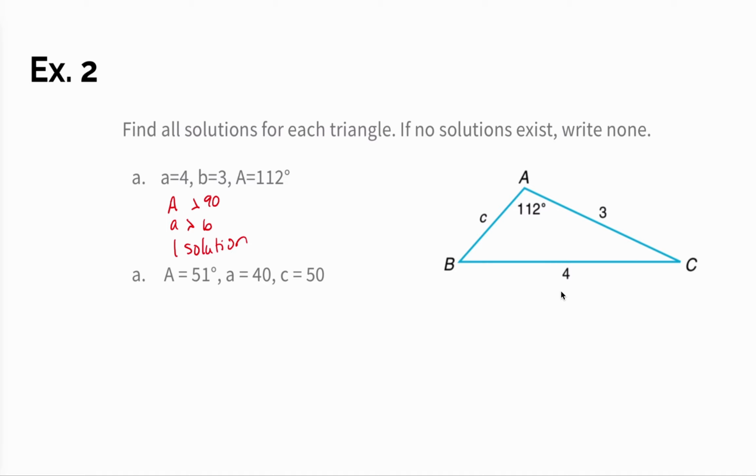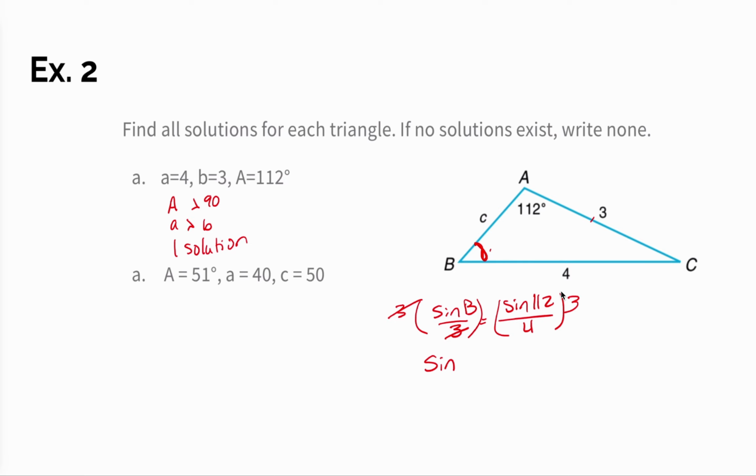So, law of sines, first we're going to find angle B. We're trying to find the angle, so sine B over 3 equals sine of 112 over 4. We're going to multiply both sides by 3, and that's going to cancel that out.